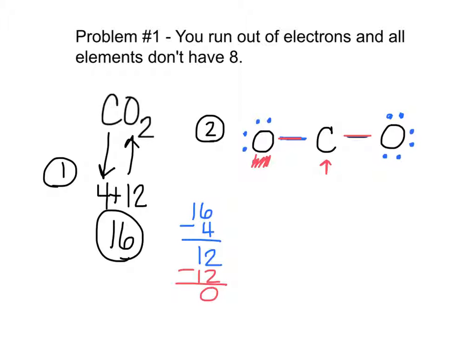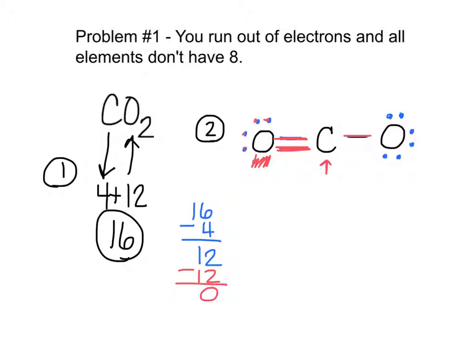So oxygen's generous. It has 8. It says, hey, carbon, you don't have enough. We're going to share one of our pairs with you. So we draw a second line here. This is called a double bond. Now the oxygen still has 8: 1, 2, 3, 4, 5, 6, 7, 8.